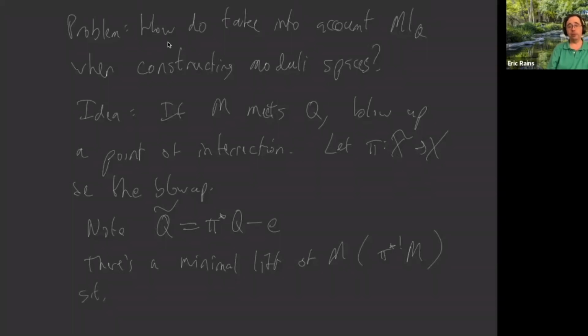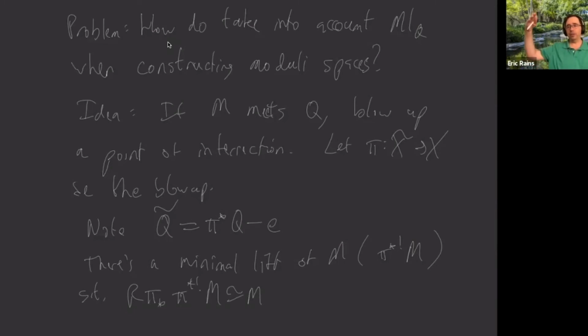Which has two properties. The first is that its direct image is M, and it's acyclic for the direct image.